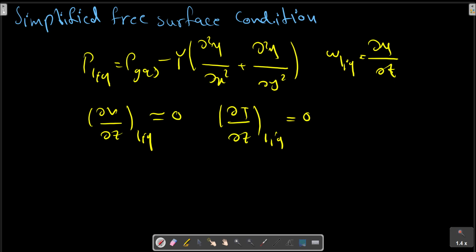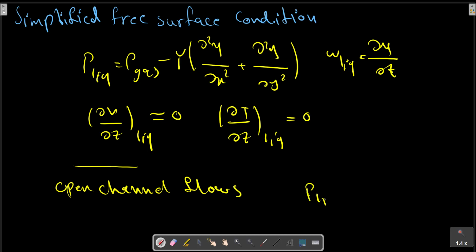In many cases, such as open channel flow, we can also neglect the surface tension so that in such open channel flows we have a condition for P liquid equals to P atmosphere.